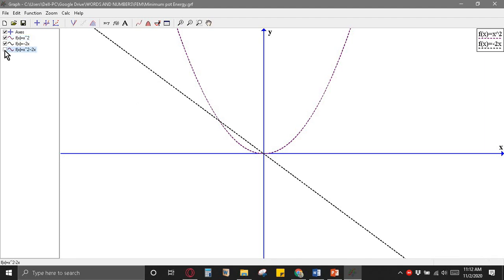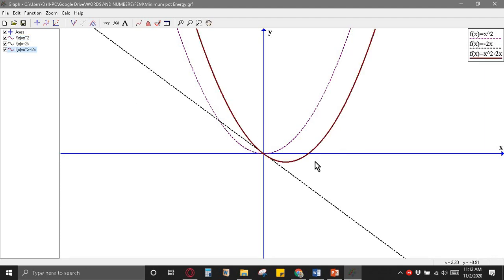So if I plot the graph of total potential energy, then we are going to get a parabolic curve like this. So as you notice, our physical system, that is spring force system, cannot remain at zero displacement. Why? Because at zero displacement there comes a force that drives the system towards lower potential energy.